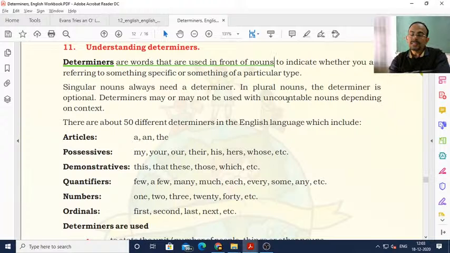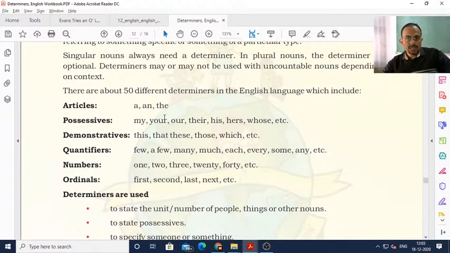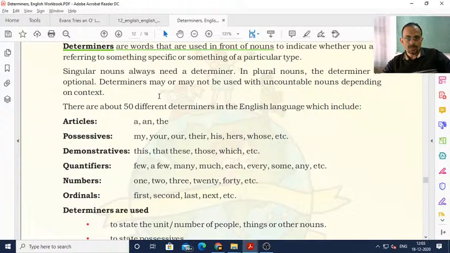So these are determiners. Determiners will not describe nouns like adjectives do, but determiners will certainly show the number, quantity, all this, of nouns. So determiners specify something, whereas adjectives describe the noun. So these are the differences between determiners and adjectives. Now you can see here there are about 50 determiners.